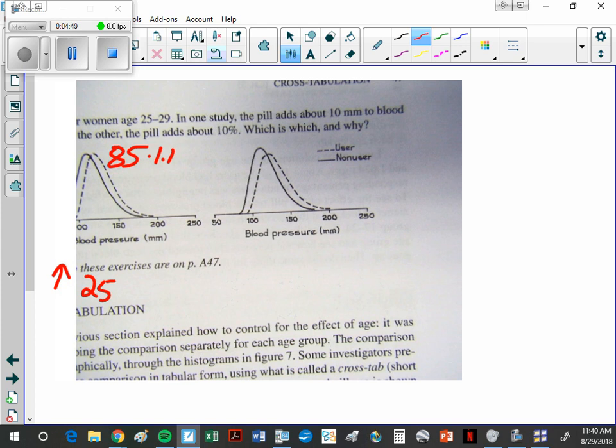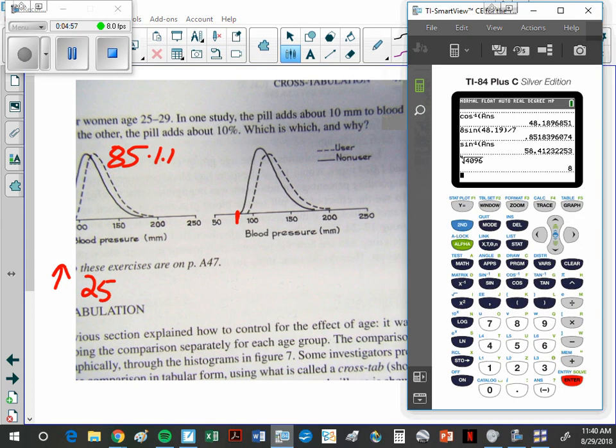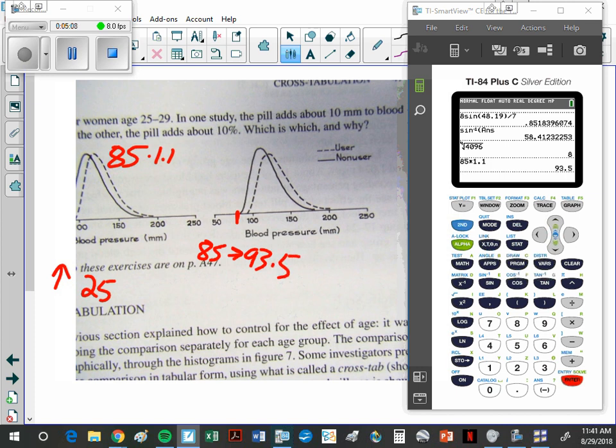If your blood pressure is 85 and you multiply by 1.1, we went from 85 to 93.5. But this person is at 170, and 170 times 1.1, I go from 170 to 187.